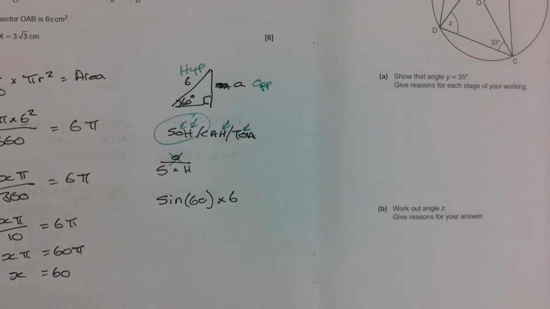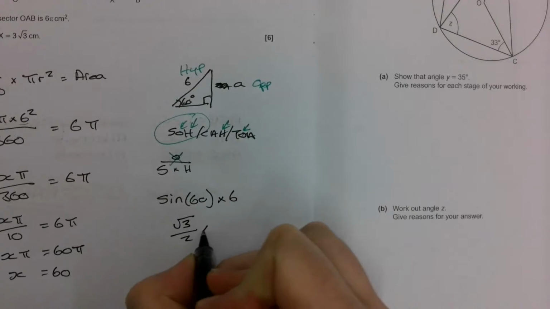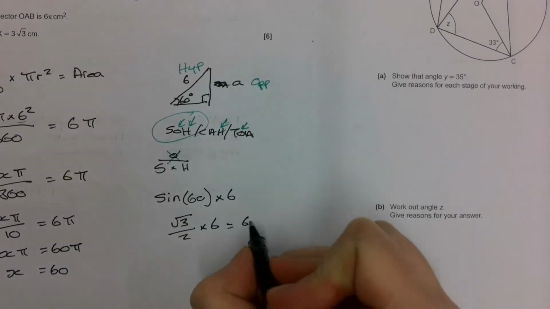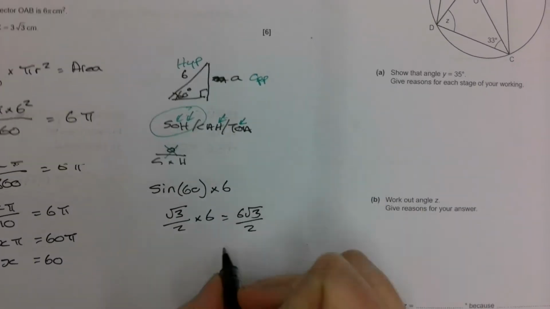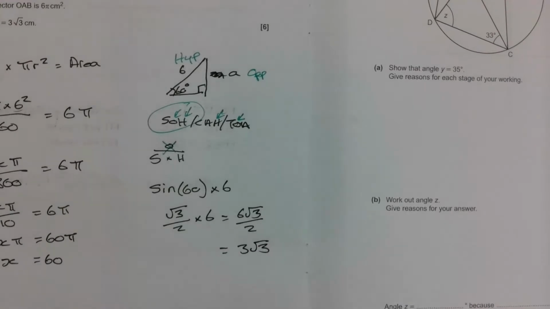Now, exact trig value for sine 60, learn it, know it, it's root 3 over 2, which means that that is 6 root 3 over 2, which is 3 root 3. Proved, not proved, shown.